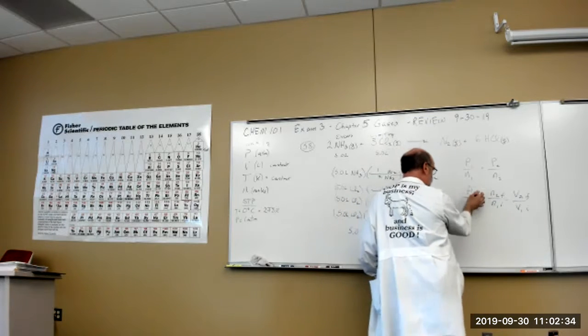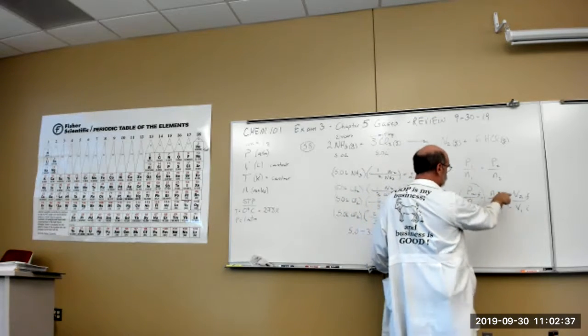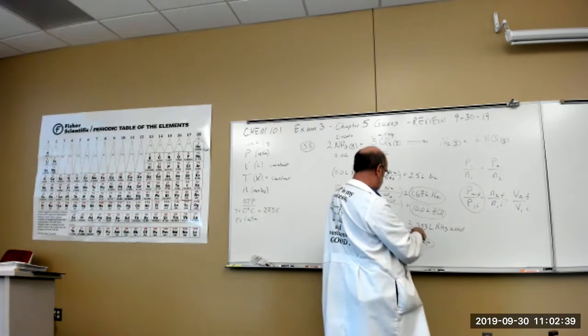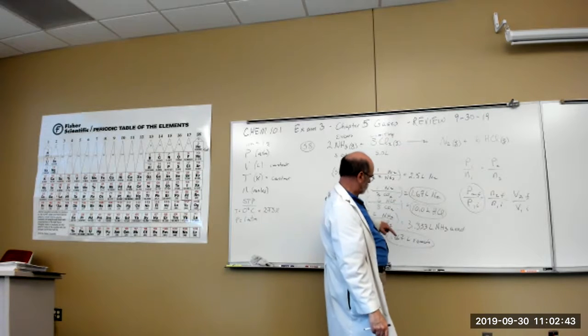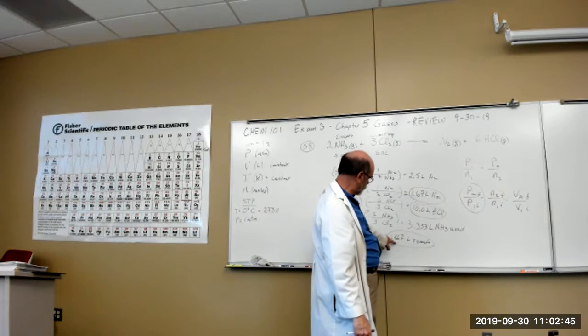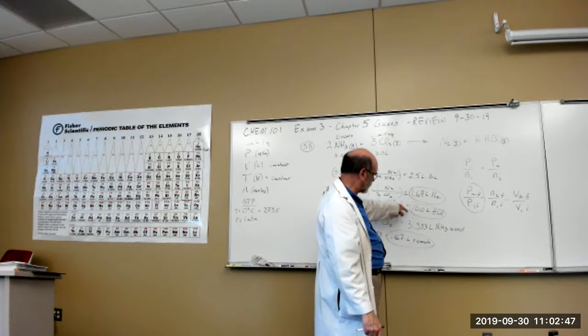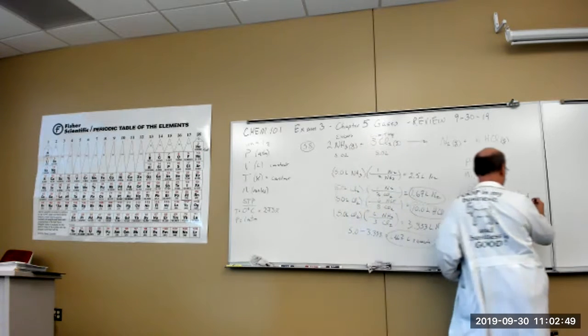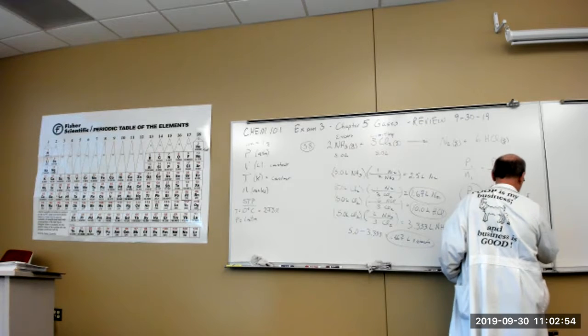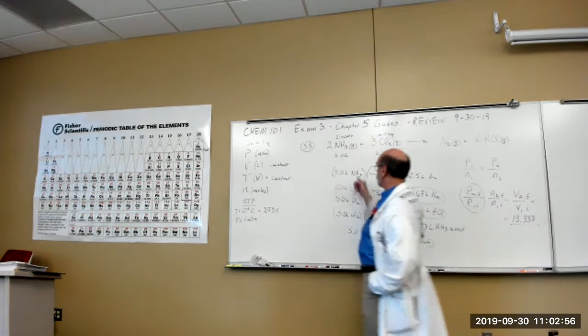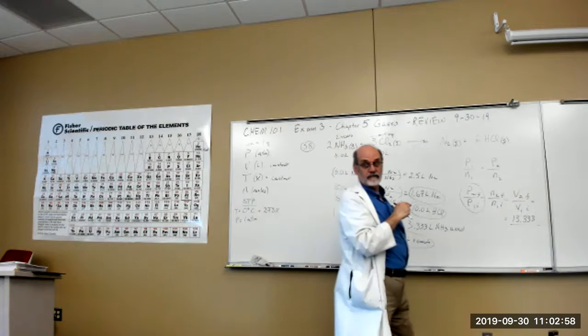So this whole value is a ratio of the final volume: this one plus that one plus that one. All right, so this one's 3.333 plus 13.33. And the initial volume was 5 plus 5 is 10, right?